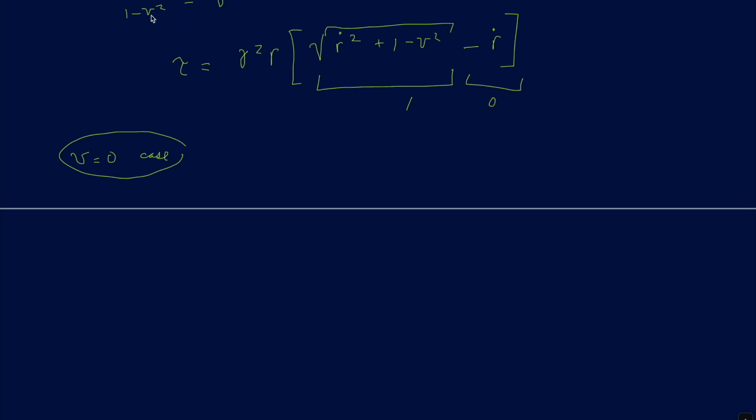And gamma squared, because it involves a v, is just 1. So this whole thing is 1. So the whole thing just boils down to tau equals r, which makes perfect sense. The time for the light ray to reach the observer is exactly equal to r, or in the case where c is present, you would say r divided by c. If we wanted to put the units back, we could say this, but you get the idea. So it appears that our equation satisfies the various checks that one might want to carry out on it.